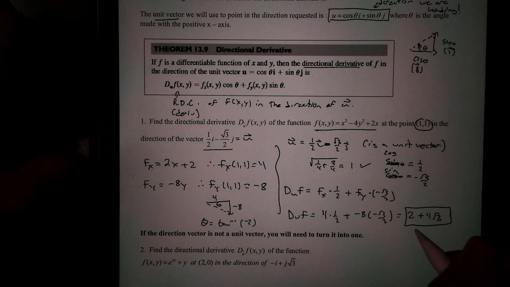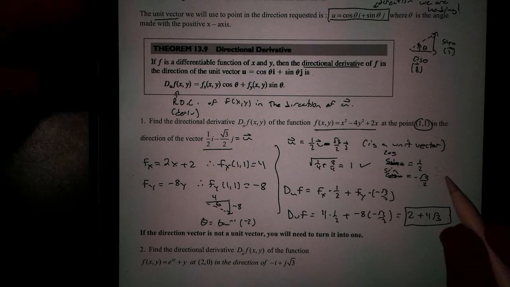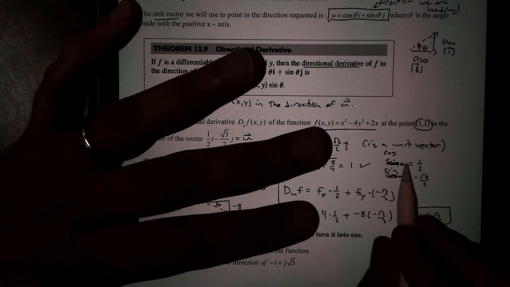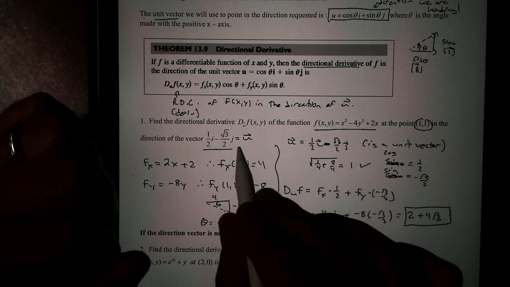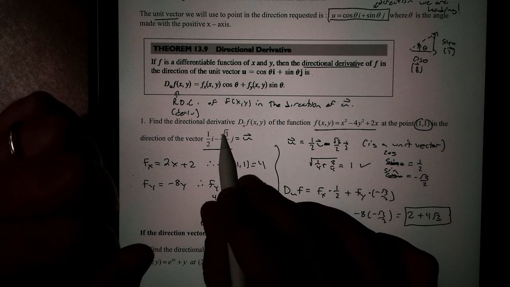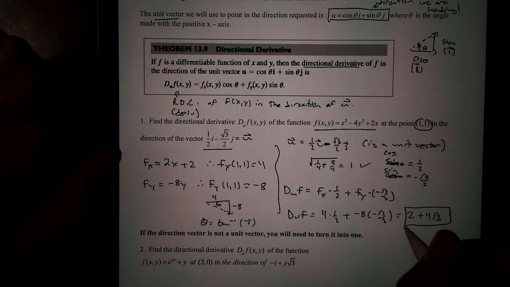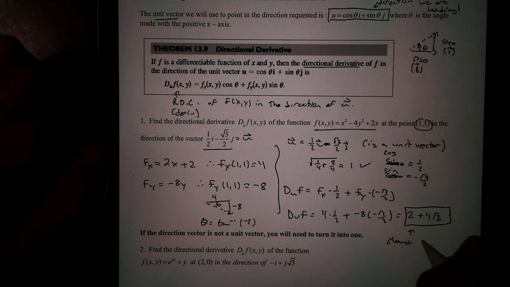Now remember, this is a rate of change. It's a slope in that direction. It's our rate of change in our direction 1/2 i minus root 3 over 2 j. So this is the change, or rate of change, in the z coordinate in the direction of u.